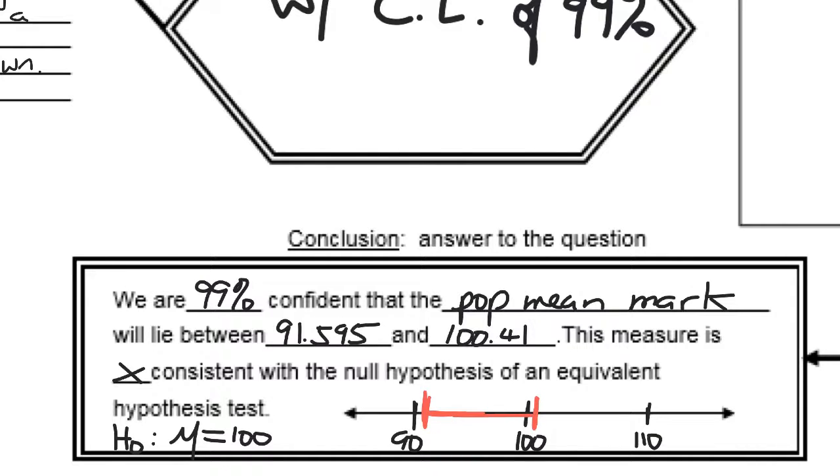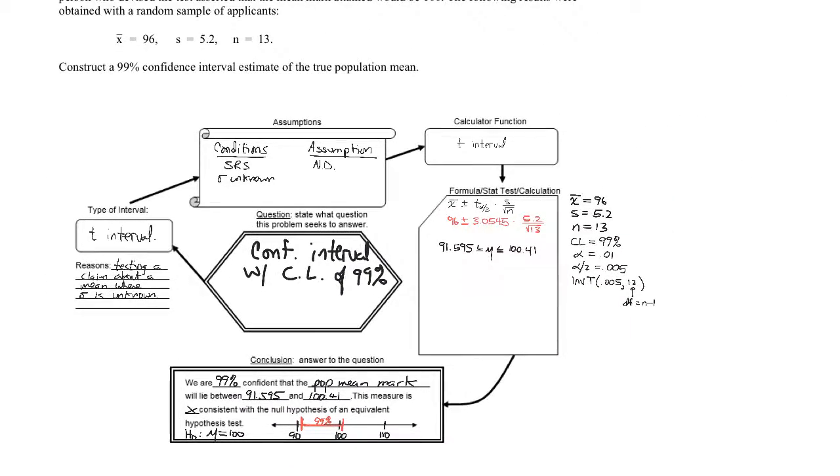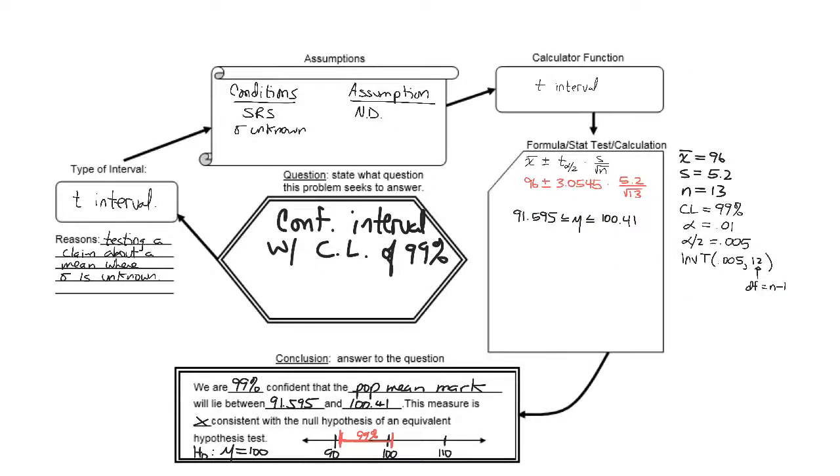And so that would be my 99% confidence interval. And so 100 does fall, I mean, ever so barely, but it does fall within that interval, right? But since they were only asking us for the confidence interval estimate, we wouldn't even need the sentence, this measure is consistent or inconsistent with the null hypothesis of an equivalent hypothesis test. I only put that there just to kind of illustrate the connections between the two ideas. And there it is.